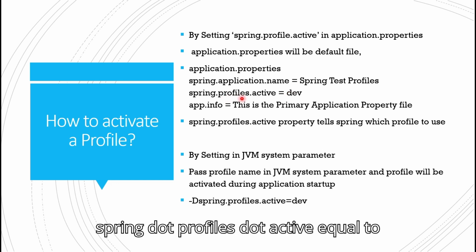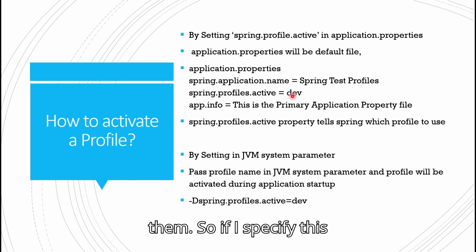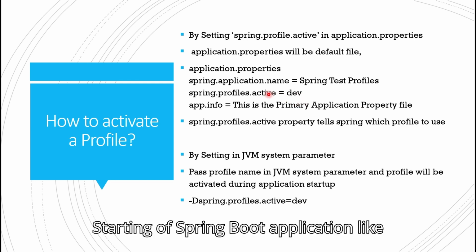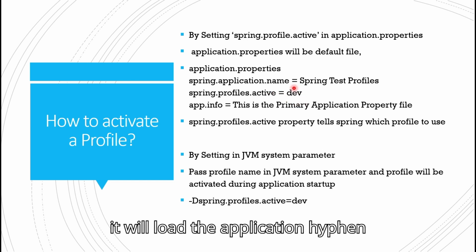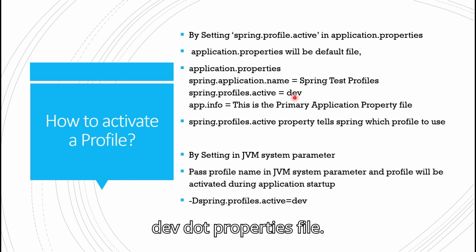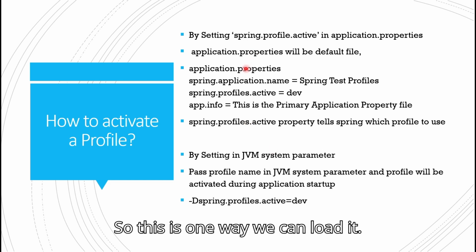So spring.profiles.active=dev. If I specify this, then while starting the Spring Boot application, it will load the application-dev.properties file. So this is one way we can load it.